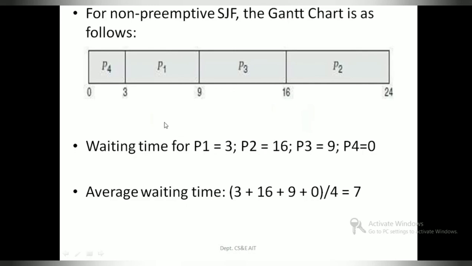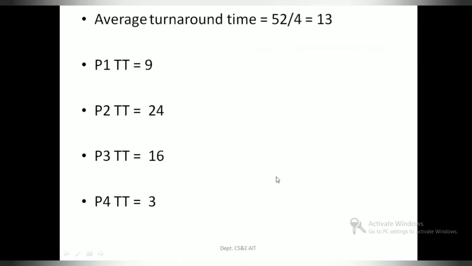The calculation of your waiting time and turnaround time is simpler here because I don't have the arrival time, and I don't have a previous occurrence of the process in the system or the Gantt chart. So the calculations are straight, just like your previous scheduling algorithm.